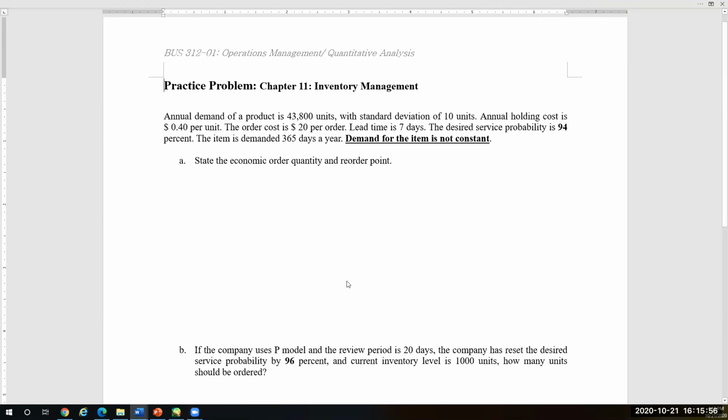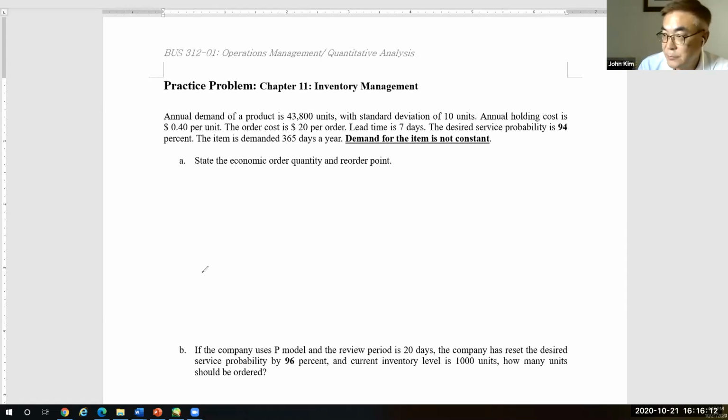Anyway, by my calculation, R was 881.3. So it is 882.